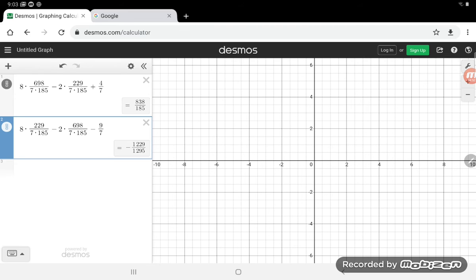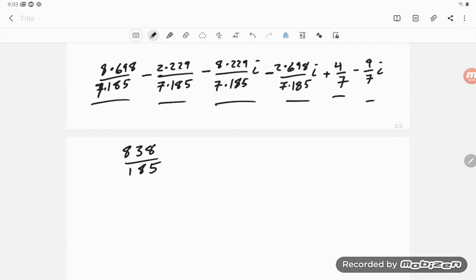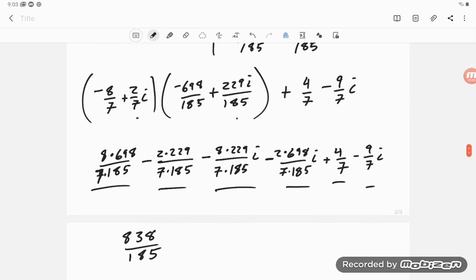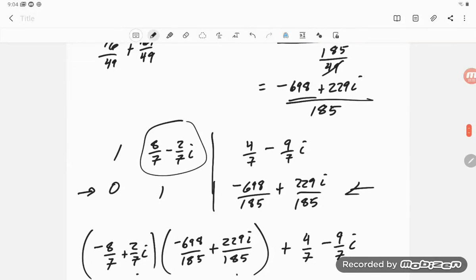So let's go back and check to make sure I've got the right pieces in here. I'm trying to reconcile what I might have done.